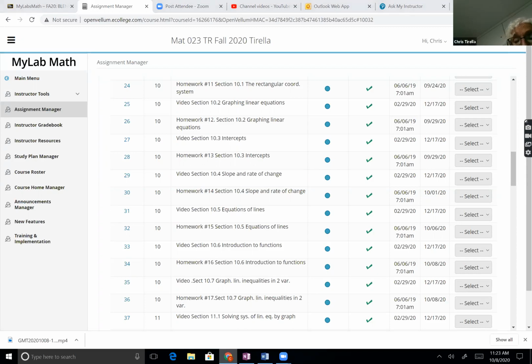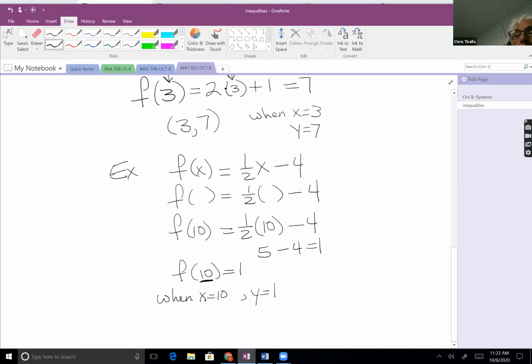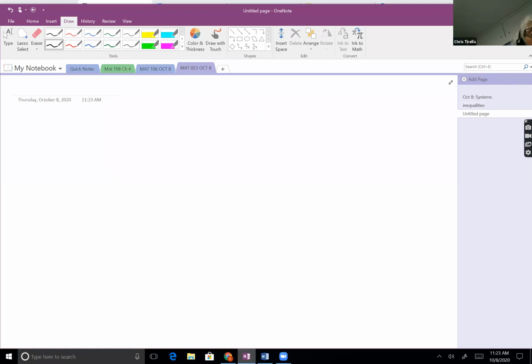If not, then what we're going to look at today are systems of equations. And we're going to really just look at systems of linear equations.